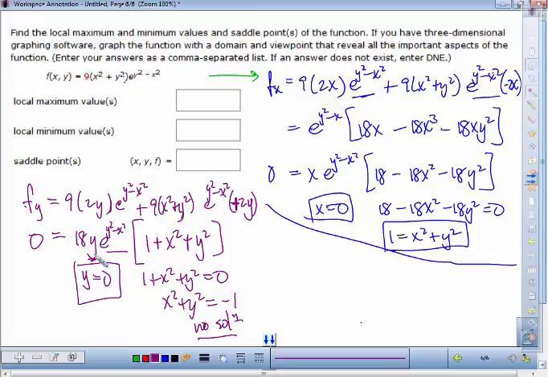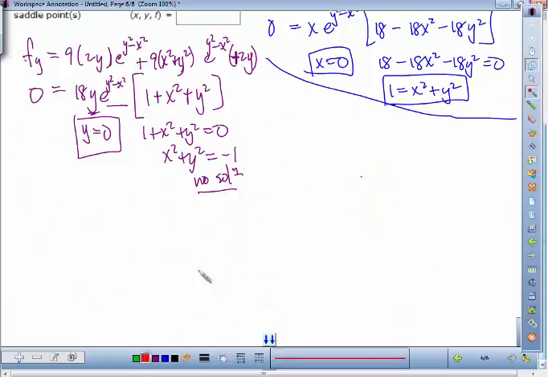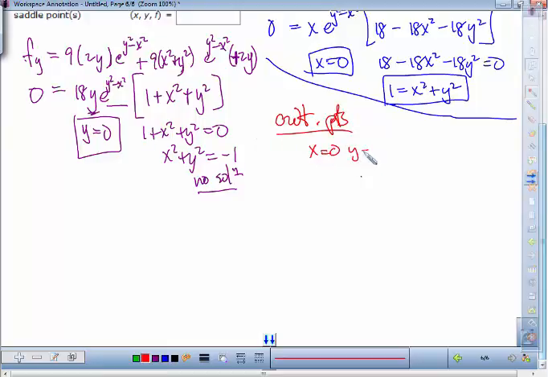So my critical points would be combining these two things. I have x is equal to 0, y is equal to 0. That's one pair over here if I pair this up.